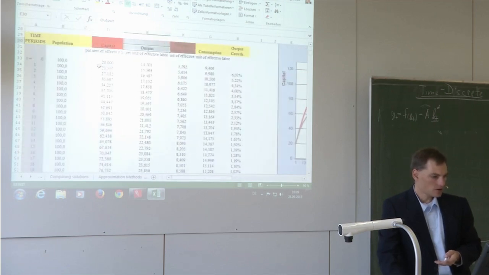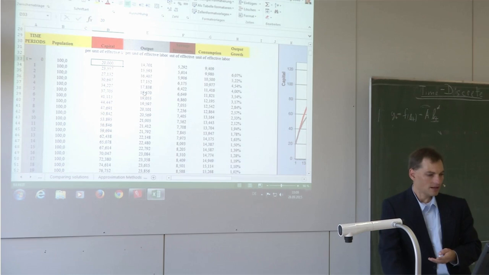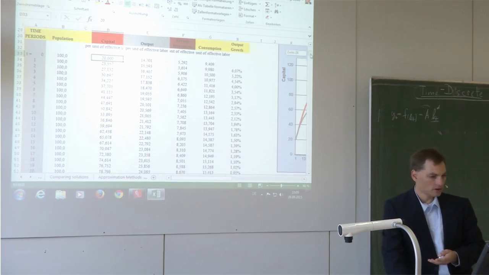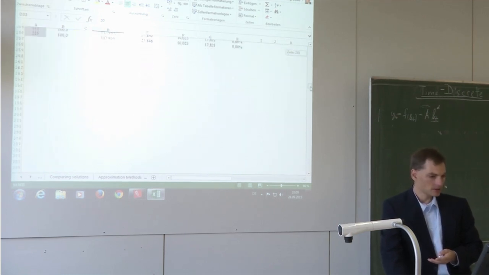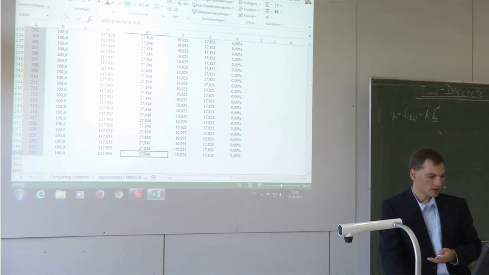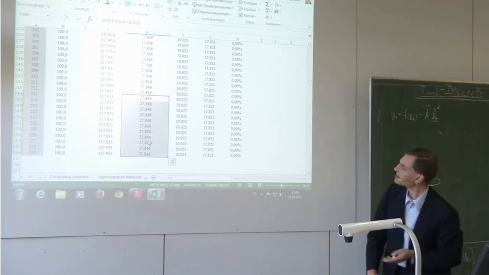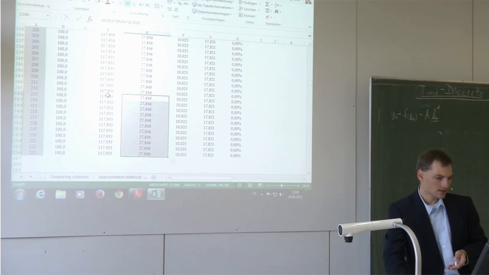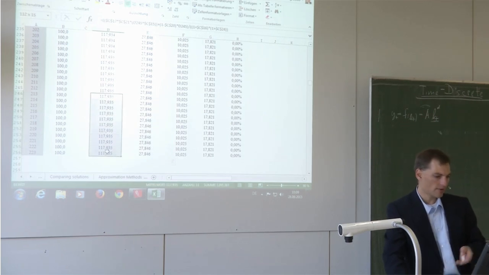So output started around 14, capital around 20. And if we go down, you see the output at the end is around 28, and the capital converges to a level of 118.